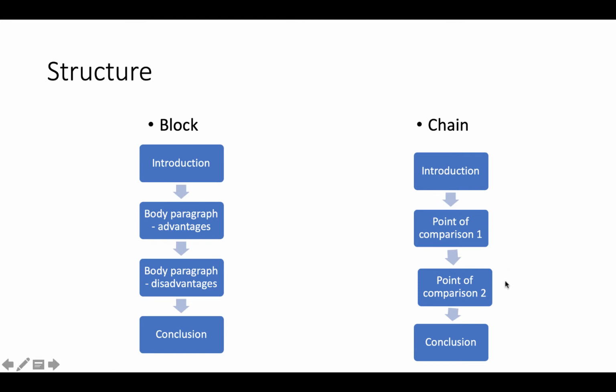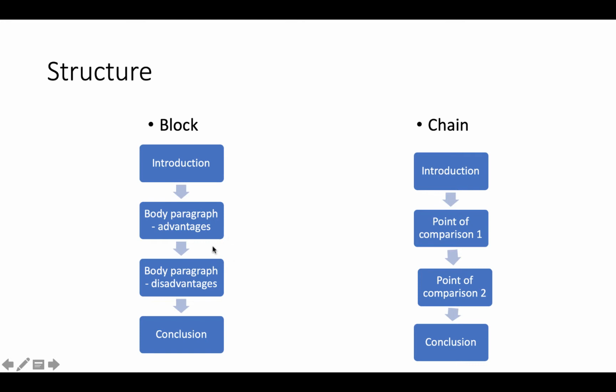Then you've got a second point of comparison. So again, this would just be talking about both kinds of technologies or life with and without the new technology. So for example, here maybe you talk about efficiency. You could have 2 or 3 points of comparison, and then again the conclusion would be very similar.